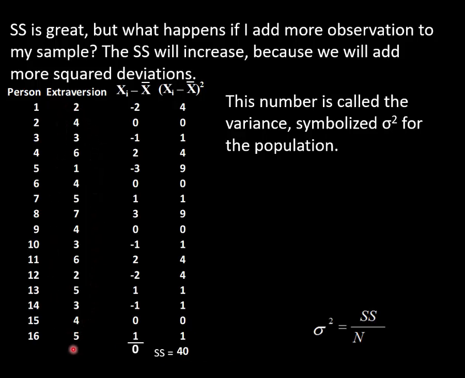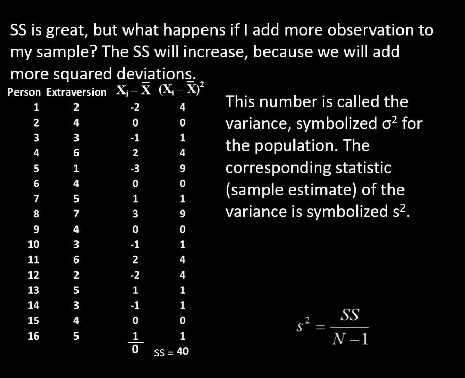We just added up all these numbers and divided by the sample size, and that gave us the mean. So the variance is the same thing as the mean squared deviation about the mean. That's a mouthful, huh? The mean of the squared deviation about the mean, also called the variance.